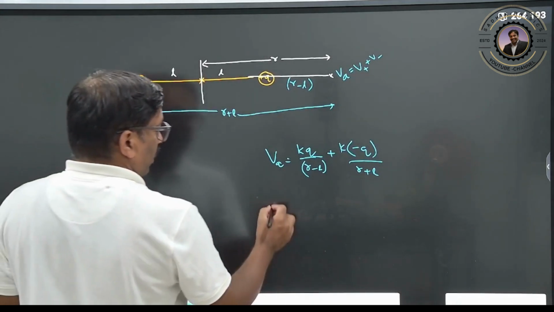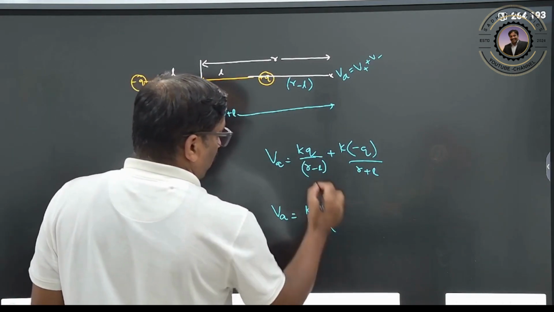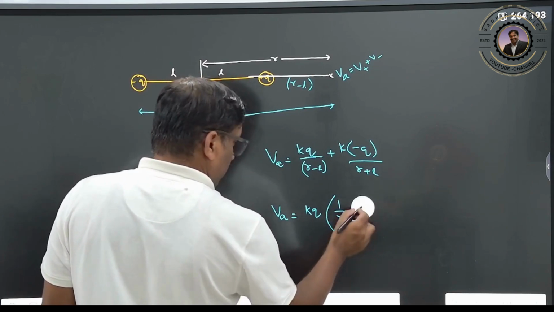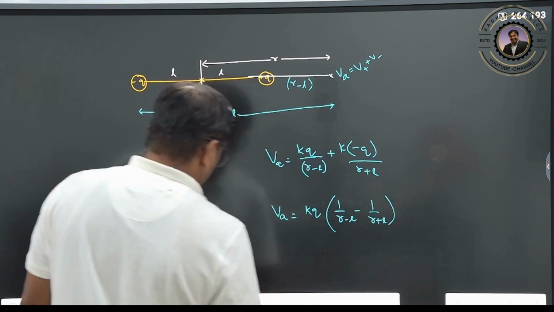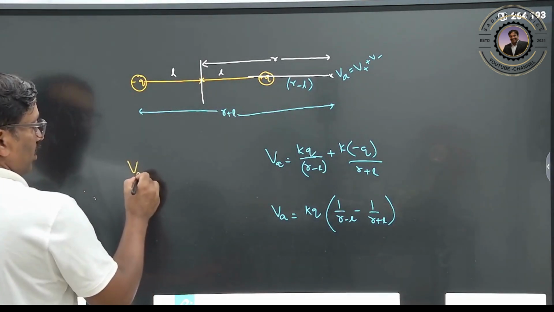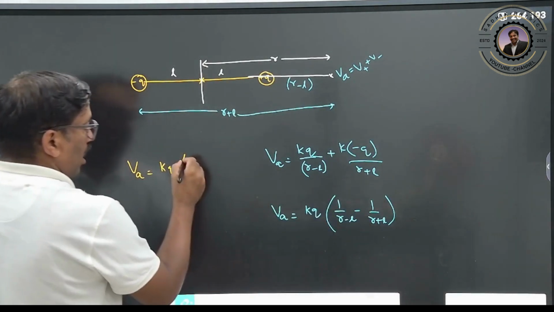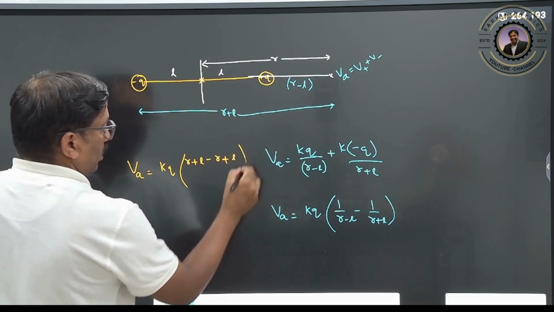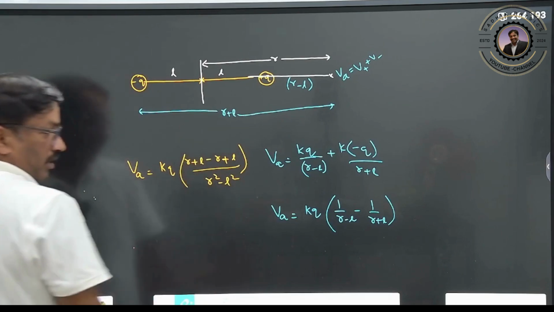So we can rewrite it as potential. kQ we can take common: 1 by (R minus L) minus 1 by (R plus L). So we can simplify it. Therefore the potential along the axial line is kQ times (R plus L minus R plus L) divided by (R plus L) into (R minus L), therefore R square minus L square.